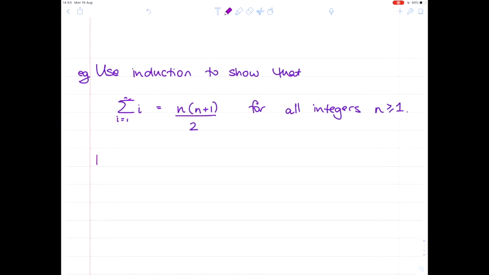We're going to let our proposition be that the sum from i equals 1 to n of i is n(n+1)/2. So we want to prove that our proposition, which is this thing over here, is true for all integers bigger than or equal to 1.